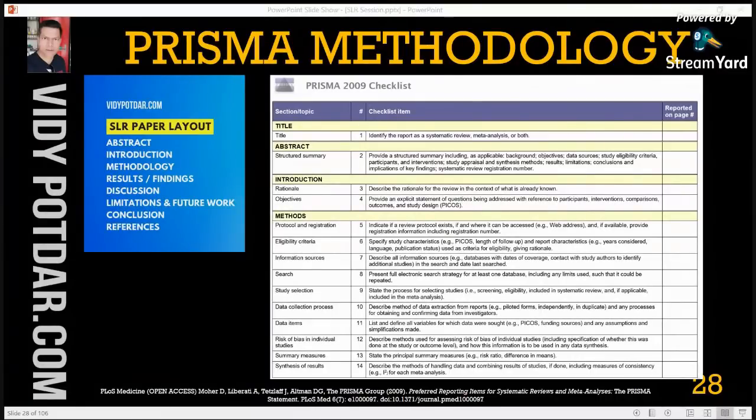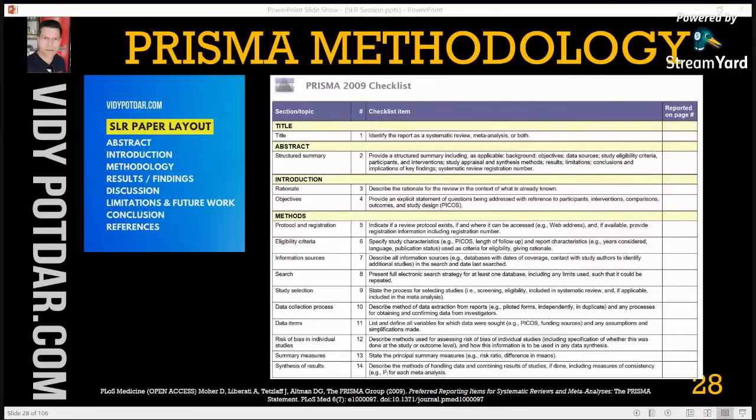What you can see in this table is a PRISMA checklist. It tells you what information you need to include in your systematic literature review paper. It is a well-established standard or methodology that you follow for doing systematic reviews.